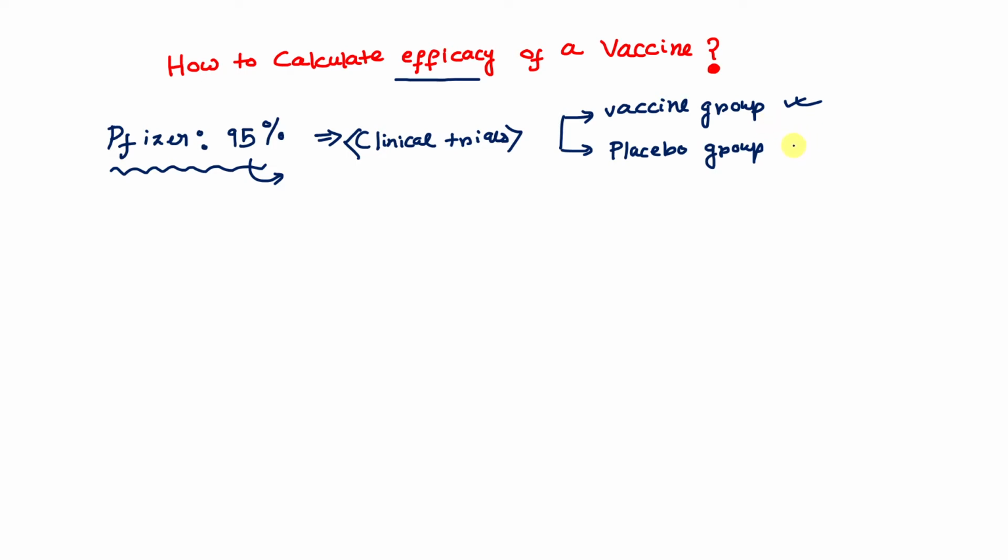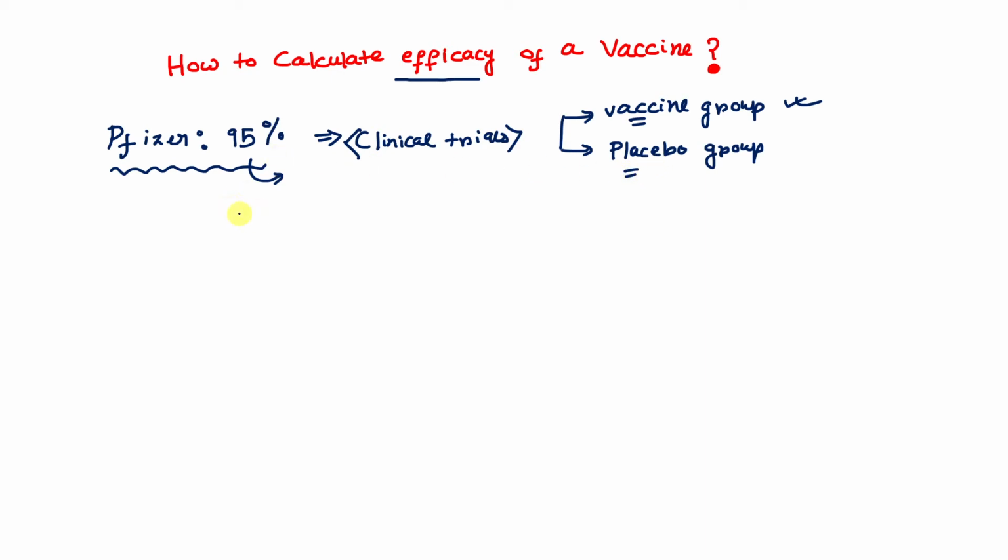Even the doctor who is injecting the vaccine does not know whether he is giving the volunteer a vaccine or a placebo. So no one knows that. Only a few certain people have the data on which volunteers are getting the actual vaccine and which are getting the placebo.